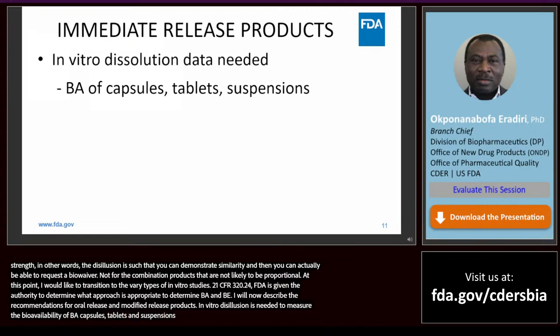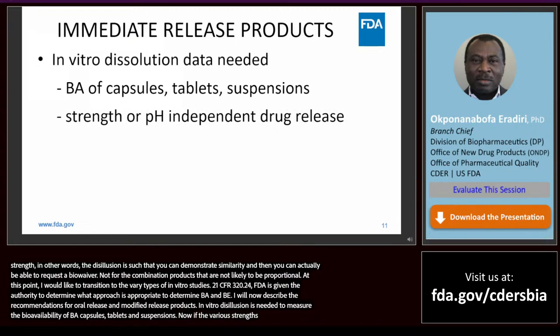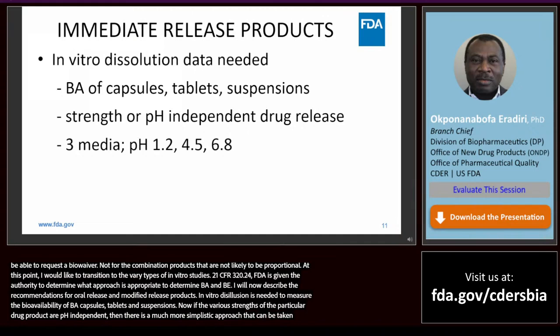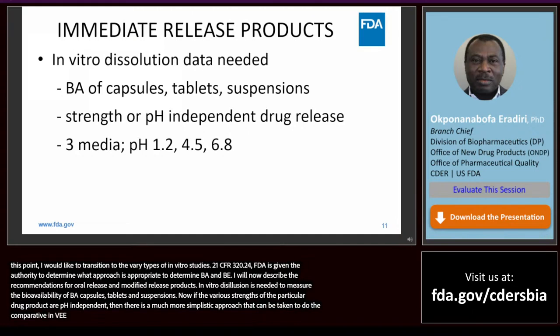Now, if the various strengths of a particular drug product are pH independent, then there is a much more simplistic approach that can be taken to generate comparative in vitro dissolution data for different strengths.